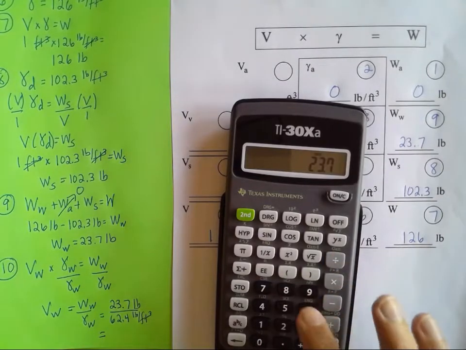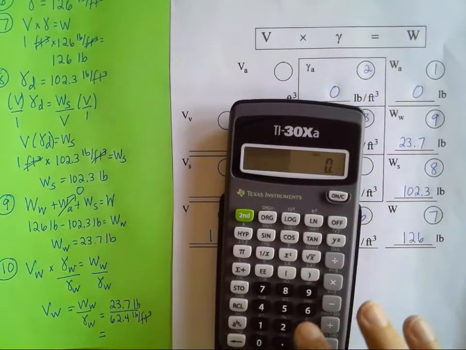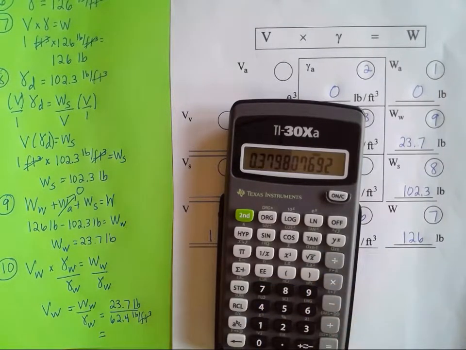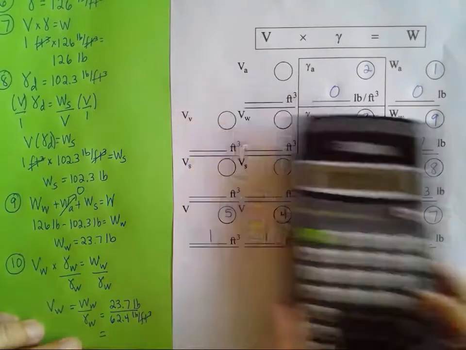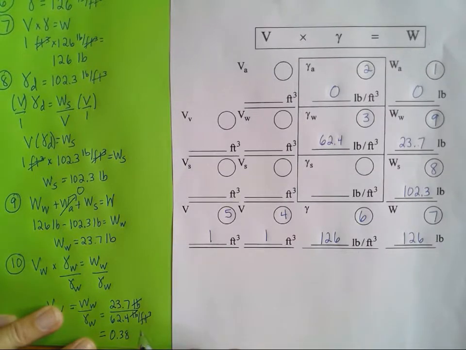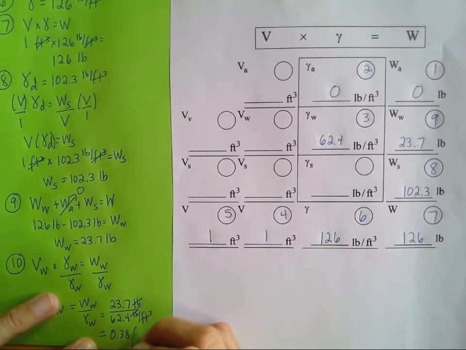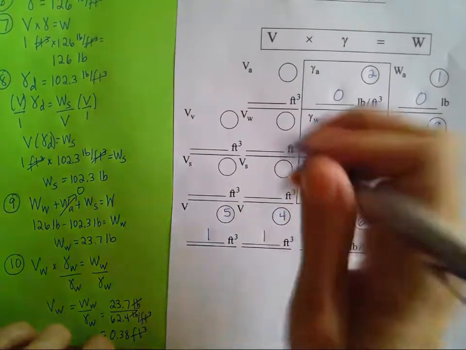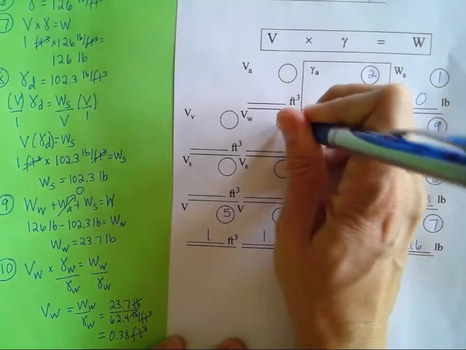And remember, for volume, I'm going to take it to 2 decimal places. So I'm going to call that 0.38. My pounds will cancel, and my units, being in the denominator of the denominator, come up to the numerator. So I have 0.38 cubic feet for volume of water. So that is number 10.